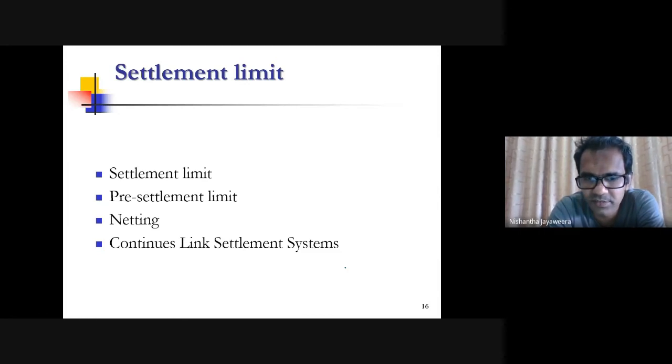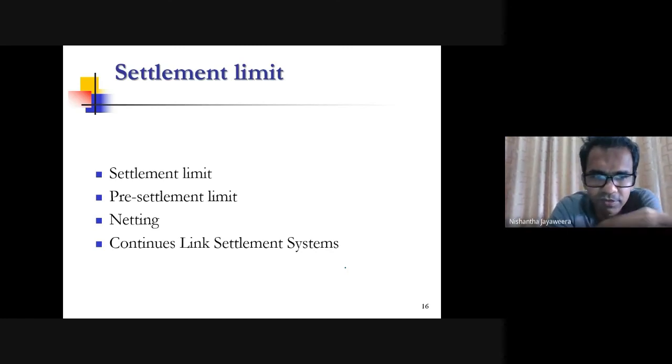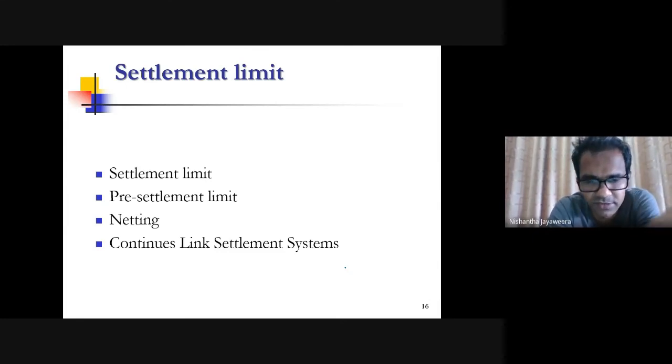Netting is, as I mentioned, there can be a lot of buy and sell transactions with the same party in the same currency pair. You try to net. So whatever the payments due from you and due from them, you net it, and one party should pay the difference to the other party. So just make that payment.